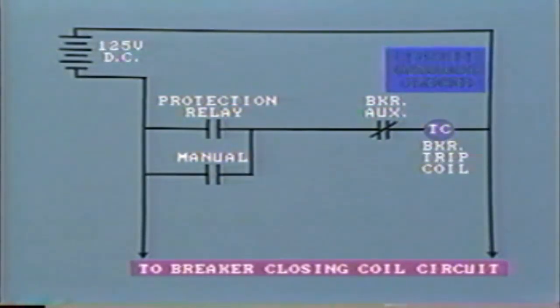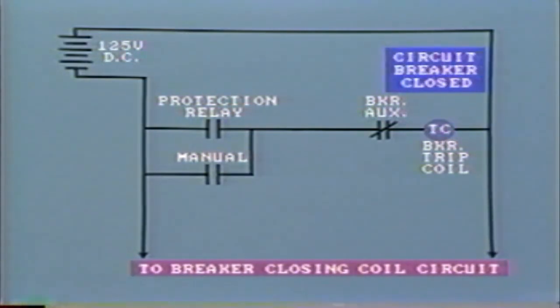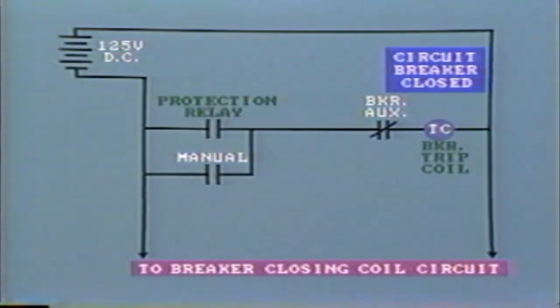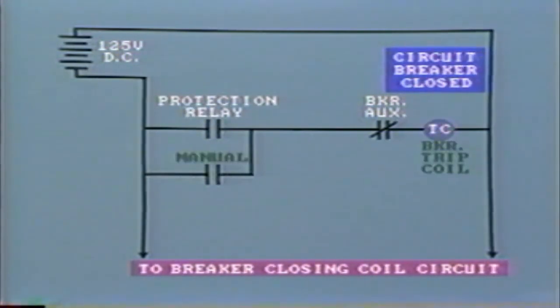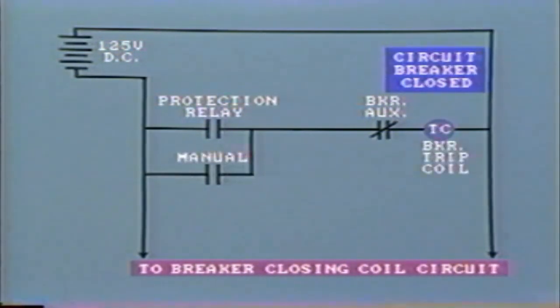When the circuit breaker is closed, the elementary tripping circuit will look like this. These auxiliary contacts are closed because the breaker is closed, but the tripping coil will not be energized until either 1, the protective relay contacts close, or 2, the manual switching contacts are operated. In practice, there may be other parallel contacts which can open the breaker.